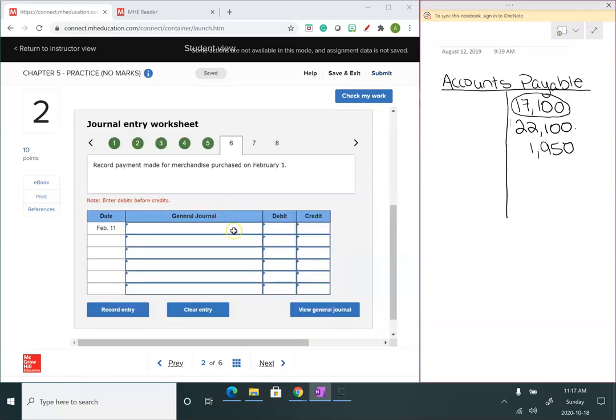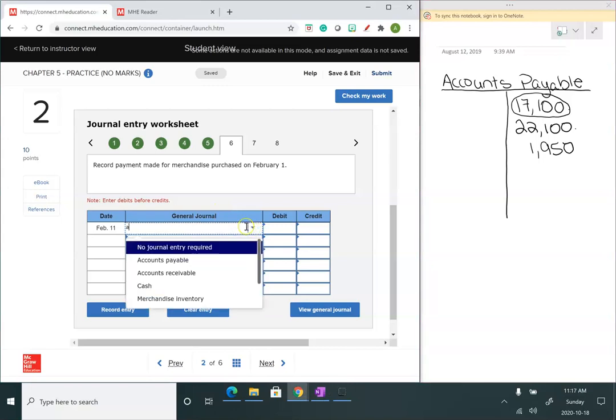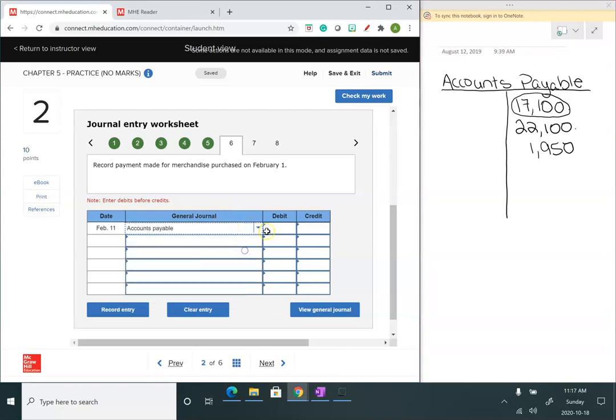So there's a couple steps you need to do. First, let's move this accounts payable off the books. So I want to record this 17,100 being paid. So if it was in at 17,100, now it's out at 17,100.